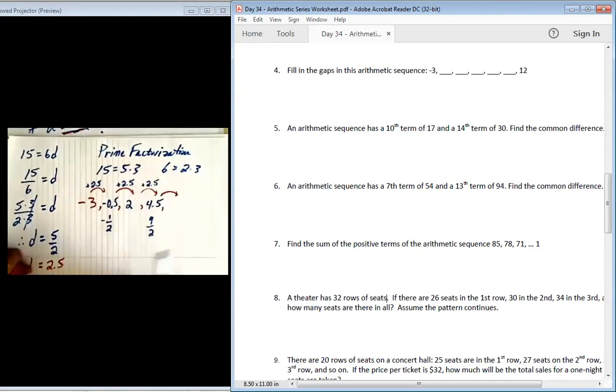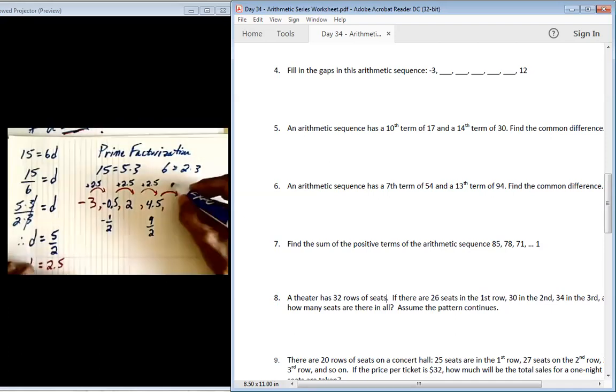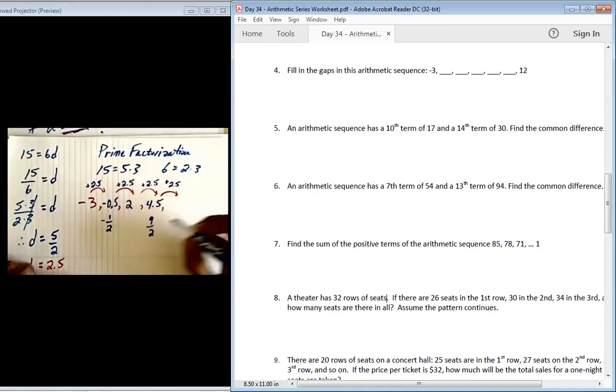And what do we get for this one? Good, we get 7 when we do this. Yep, 14 over 2 is 7, that's right.